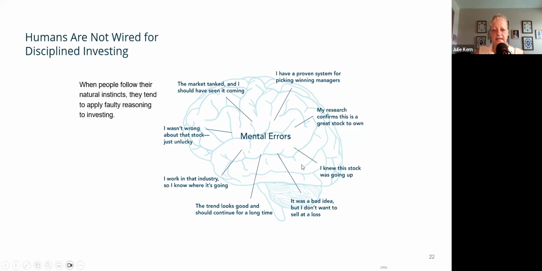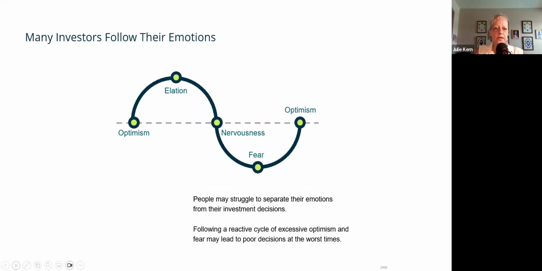Or hindsight, like this one, I knew this stock was going up, but now it's past the time that it went up. And so then you kick yourself, and then you might try to pick something the next time around. All of these thoughts do not lead to disciplined investing, which is where you're going to have the best experience.